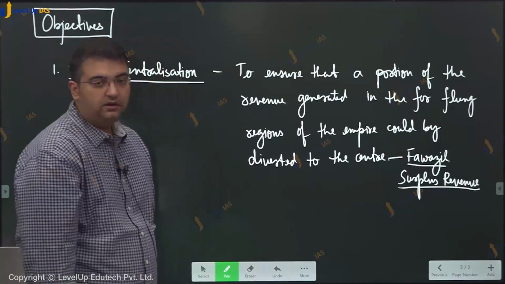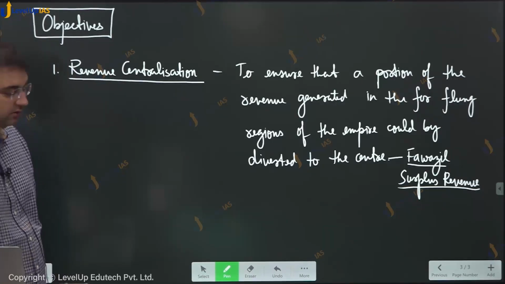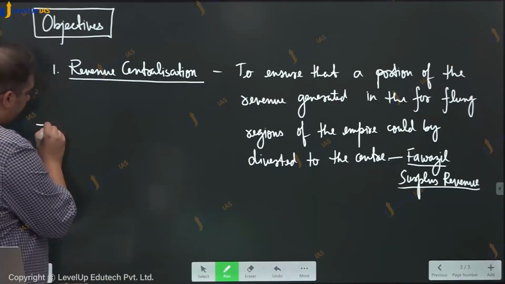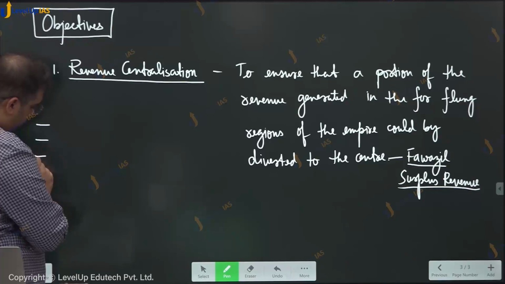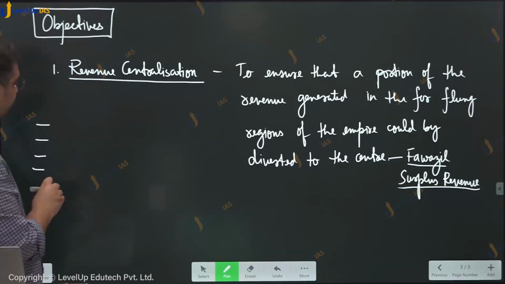So division of revenues किस basis पे होता था? I think I have told you earlier also. Provinces में at the provincial level what were the major sources of expenditure, major heads of expenditure? क्या क्या होते थे?